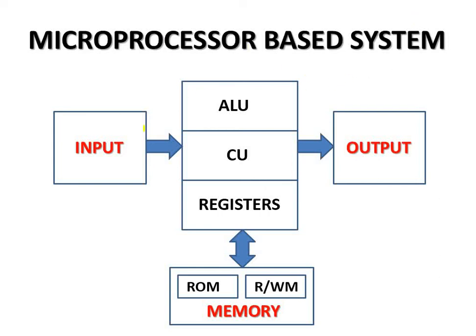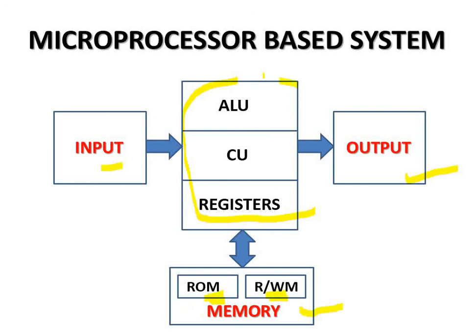We have seen that any microprocessor based system has these blocks: this is the input device, this is the processor part, this is the output, and here is the memory, some read-only permanent memory and some non-permanent memory.